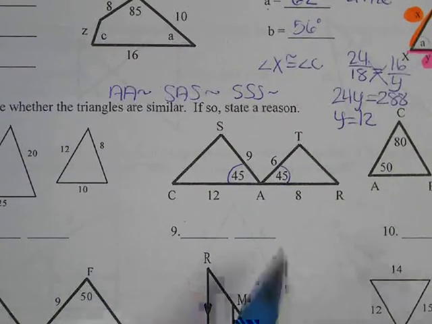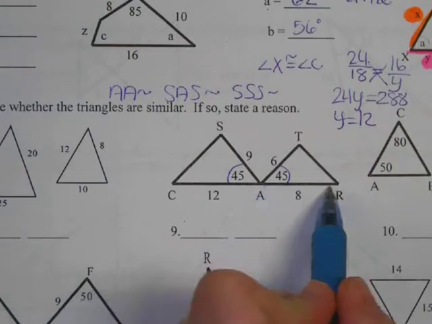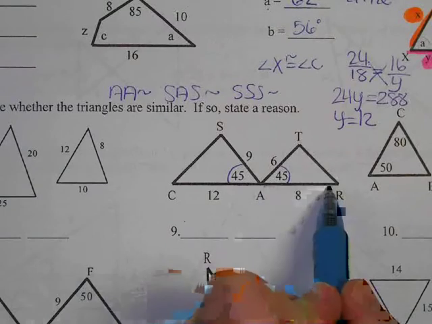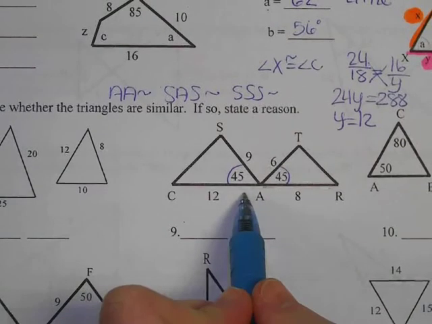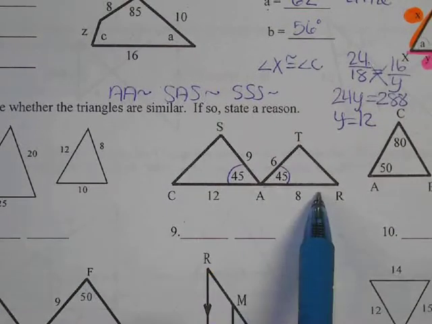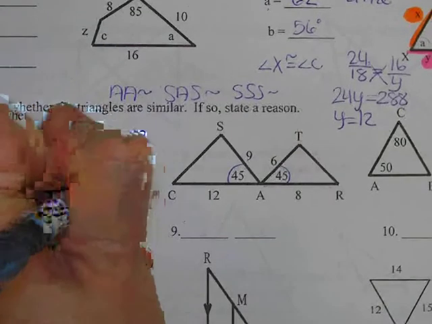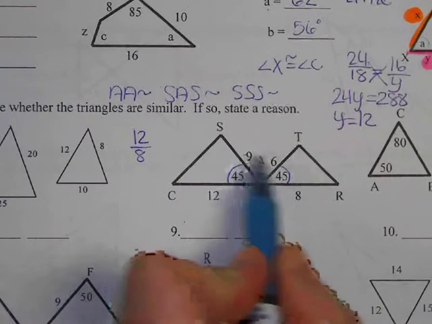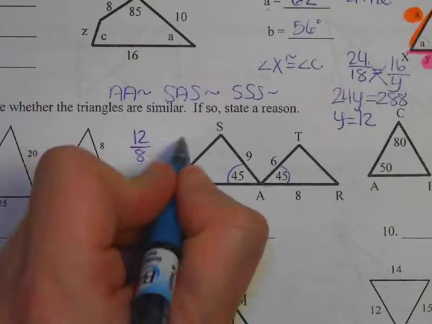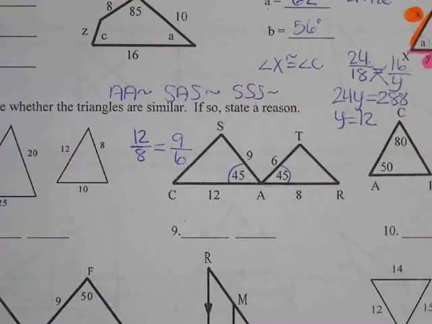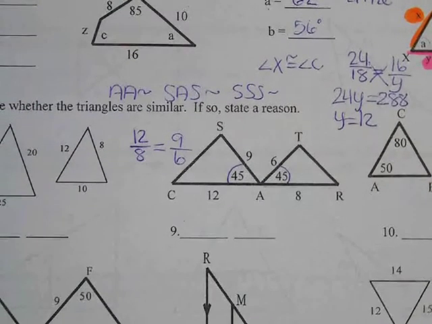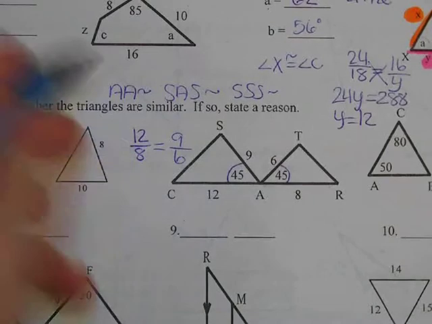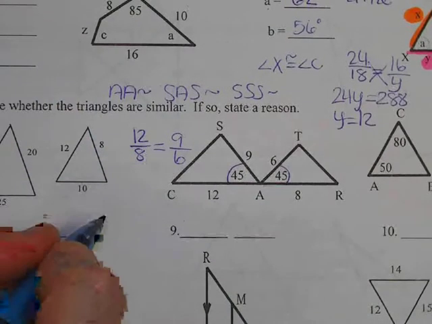So when I compare these, I'm going to compare 8 to 12, and let's do left over right. So left over right would be 12 over 8, and left over right with the other 2 sides would be 9 over 6. We want to check to see what these reduce to, to see if they're going to be the same. 12 and 8 are both divisible by 4.